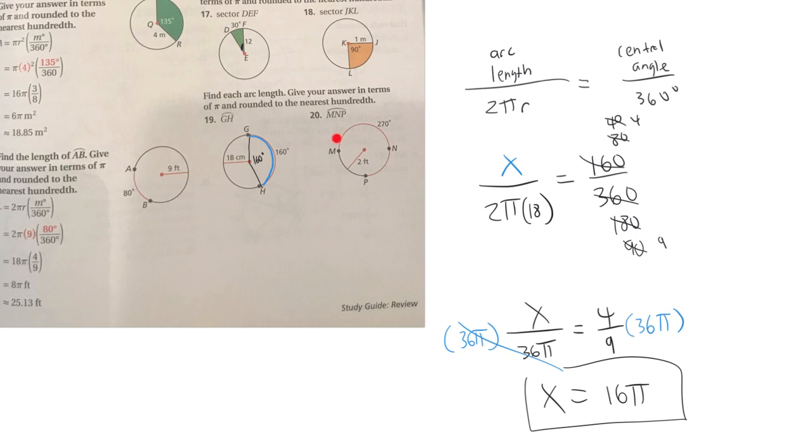Looking at problem number 20, M and P. So they want the actual length, not the arc measure, but the actual length of this huge arc right there. Now, let's see. They say that, I guess, arc MN is 270.